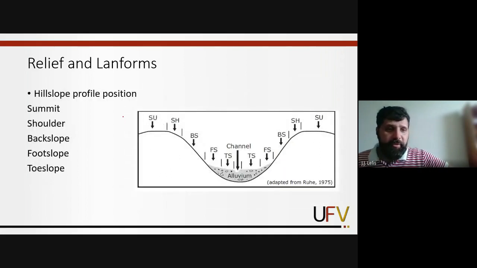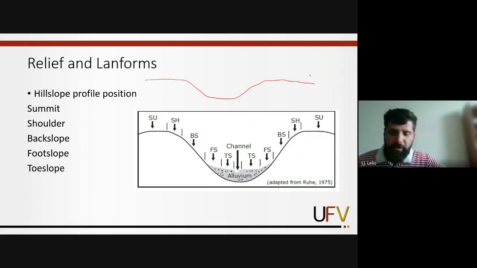We can also describe some positions of the soil on a high slope. If I don't have a crest, if I have a surface, a plateau, something like this, so you have a hill, but you don't have a crest. In this case, this flat area is called the summit of the hill.